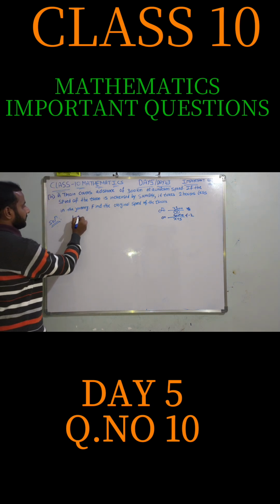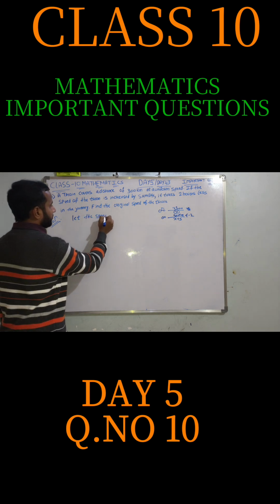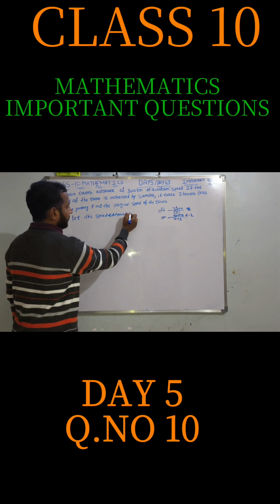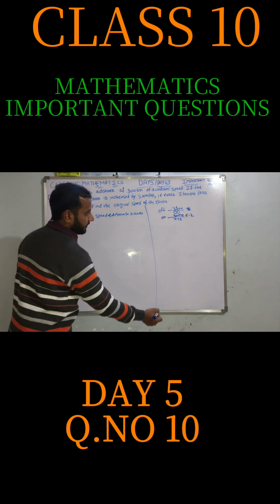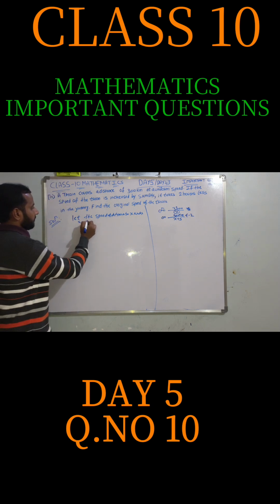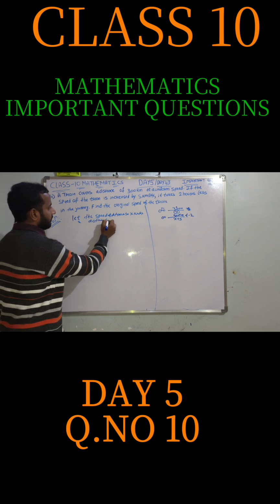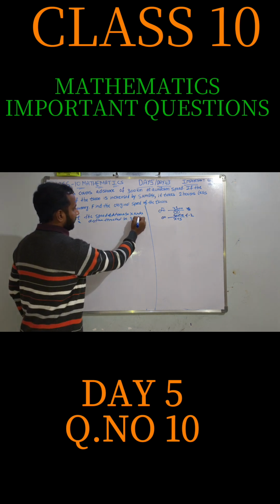According to the question, let the speed of the train be x kilometer per hour and the distance traveled be 300 kilometers.